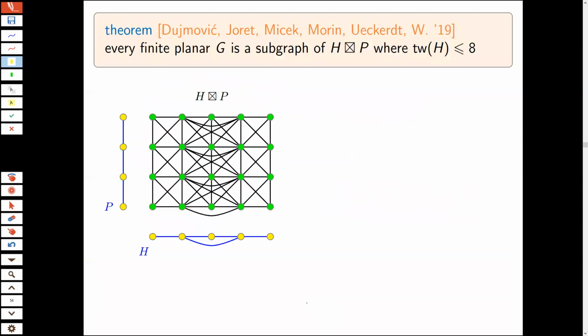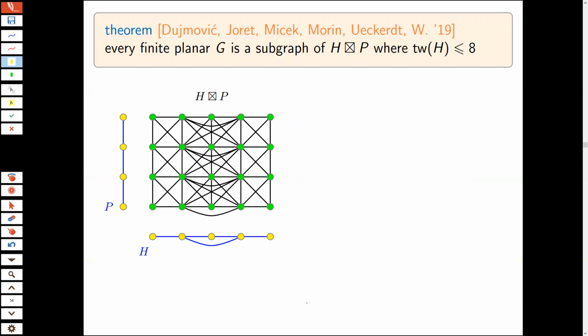Okay, so finally I get to probably the star of the show, which is this theorem that we proved a few years ago with Vida Dujmović, Gwenaël Joret, Piotr Micek, Pat Morin, and Torsten Ueckerdt. And we showed that every finite planar graph is a subgraph of some strong product of graphs H and P, where P is a path and H has tree-width at most 8.